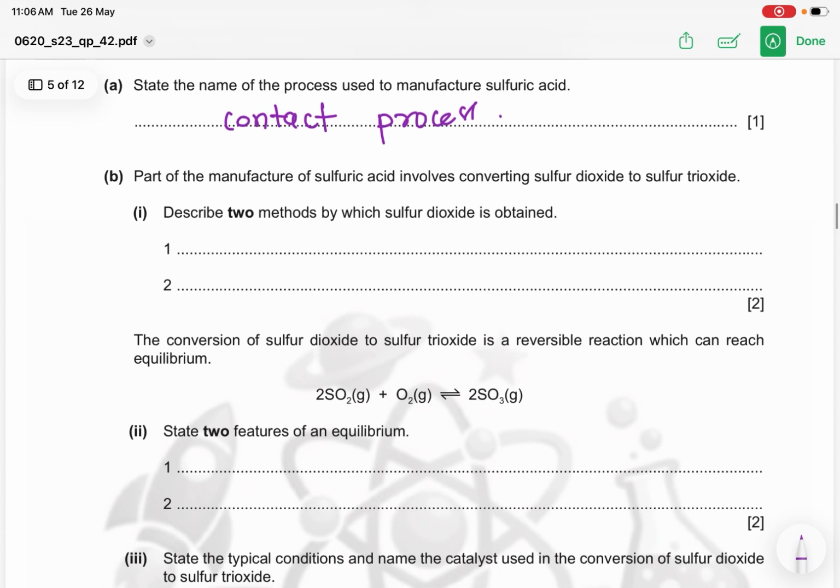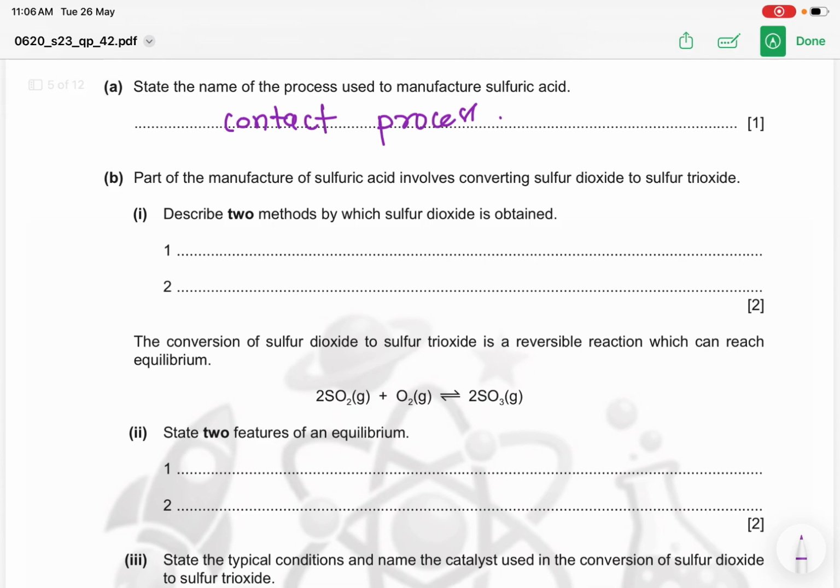B. Part of the manufacture of sulfuric acid involves converting sulfur dioxide to sulfur trioxide. Describe two methods by which sulfur dioxide is obtained. First of all, we can directly burn sulfur in air, and second is roasting sulfide ores, where oxygen from the air combines with sulfur to form sulfur dioxide.